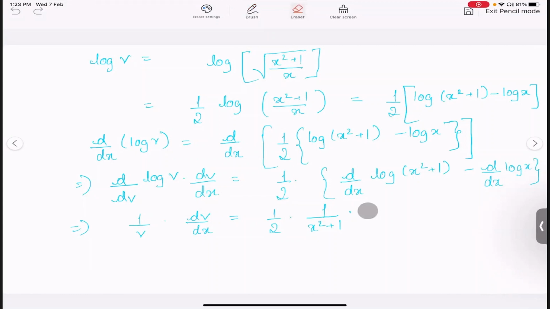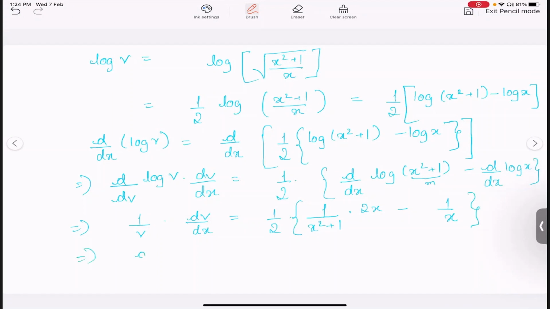What we are doing is taking this thing, let's say m, and the derivative will be 1 by m times the derivative of m, d by dx of m, x square plus 1, which is 2x. So we are avoiding this step and simply writing 2x. Again, this will become 1 by x. So this is the thing that we are left with.